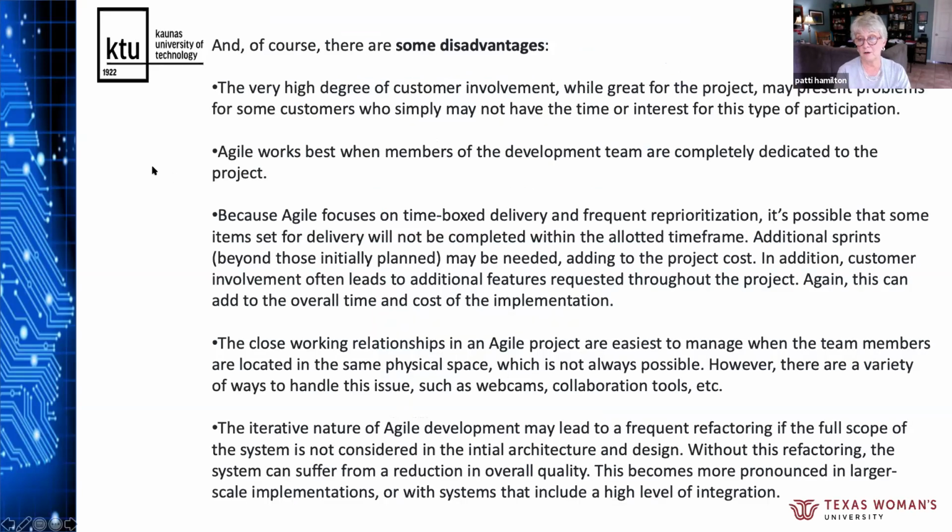Now, there are, of course, some disadvantages to this kind of work as well. You've got a lot of customer involvement, and as I said earlier, your customer, who in your case may be staff, simply don't have the time or the interest to get that involved in some new project.